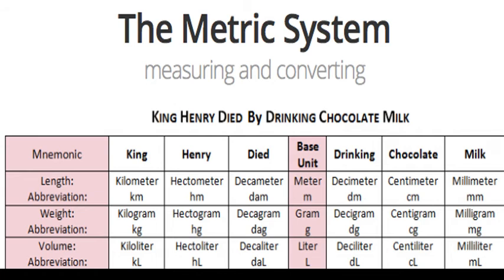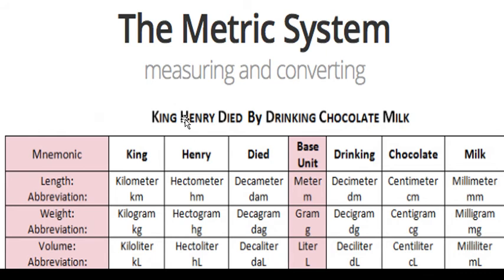Now you will say that it will be very difficult to learn kilometer, hectometer, decameter, meter, decimeter, centimeter and millimeter, but there is one solution for this. You can learn a mnemonic and you will be easily able to write this table by yourself.